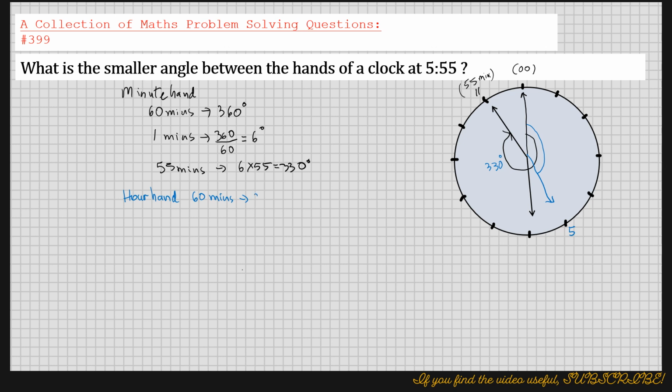That is 360 divided by 12, which is 30 degrees.